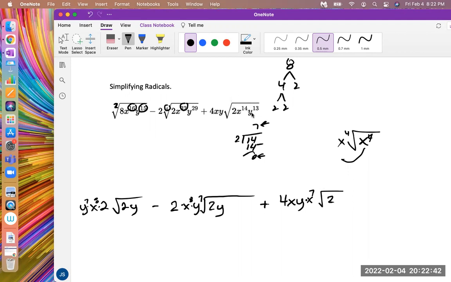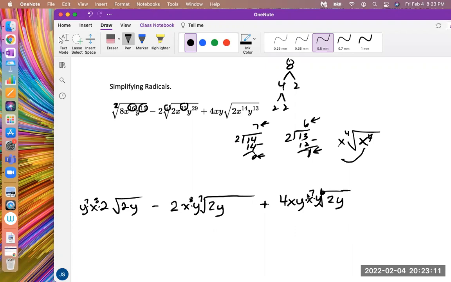And then y to the 13th, 13 divided by 2 is 6, remainder 1. So this is the number of x's or y's that come out to the front. And then 6, and then I'm left with 1. The remainder here is the number of y's that are left under the square root, which is 1.